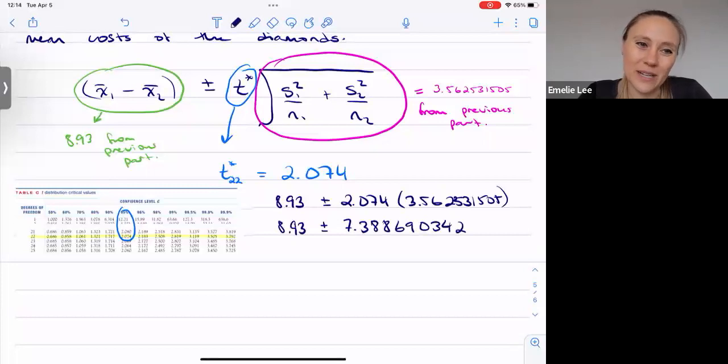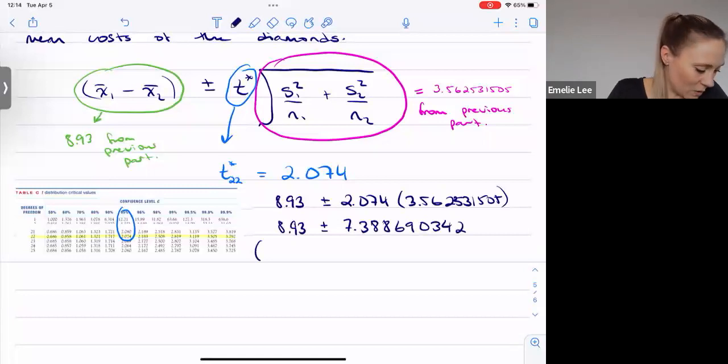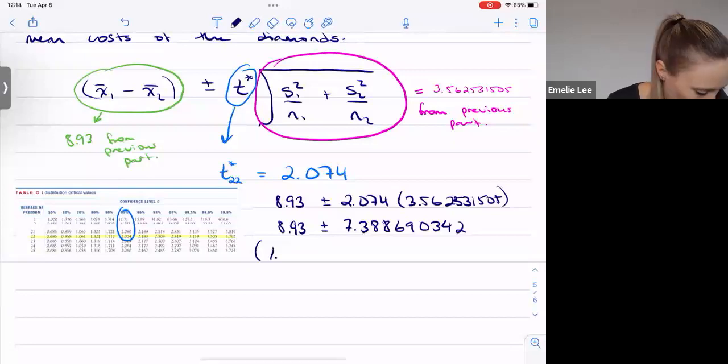And then now what I have to do is first subtract. So I'm gonna store this. I'm going to do 8.93 minus that. Puts me at 1.541309658.